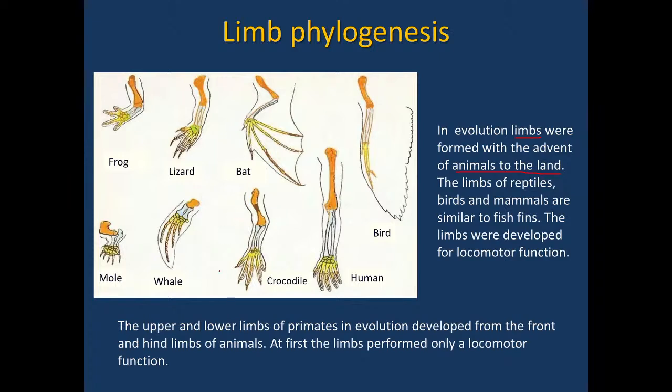So the upper limb is a product of evolution, and these are the organs which help us to walk.